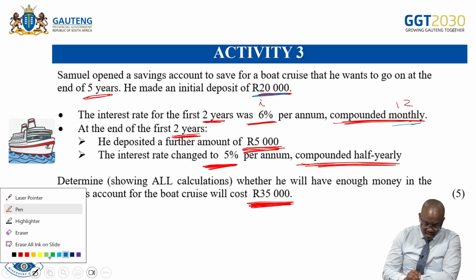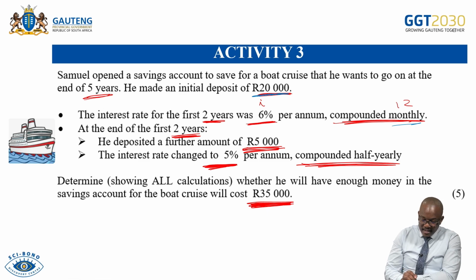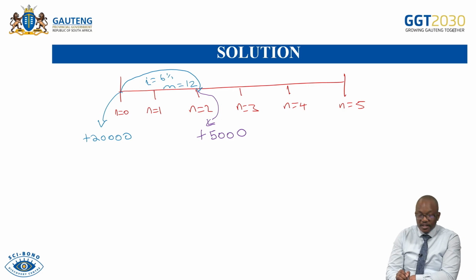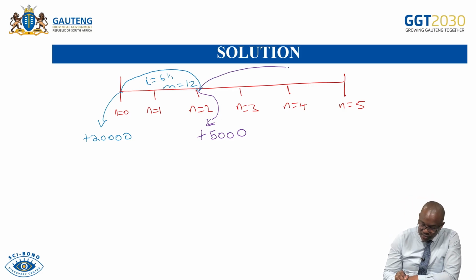Then the second bullet says at the end of 2 years now, a further deposit of 5,000. It means at the end of that 2 year, Samuel also deposited 5,000 into that account. But from the second year to the last year, the interest has changed from 6% to 5%, and it was compounded half yearly.